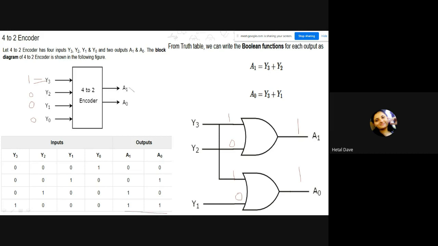So this is the encoder block diagram, encoder truth table, encoder Boolean function, and encoder circuit for 4 cross 2. In your examination you can be asked 8 cross 3, but we will cover it in our theory portion. You can also be asked to design a 16 cross 4 encoder.